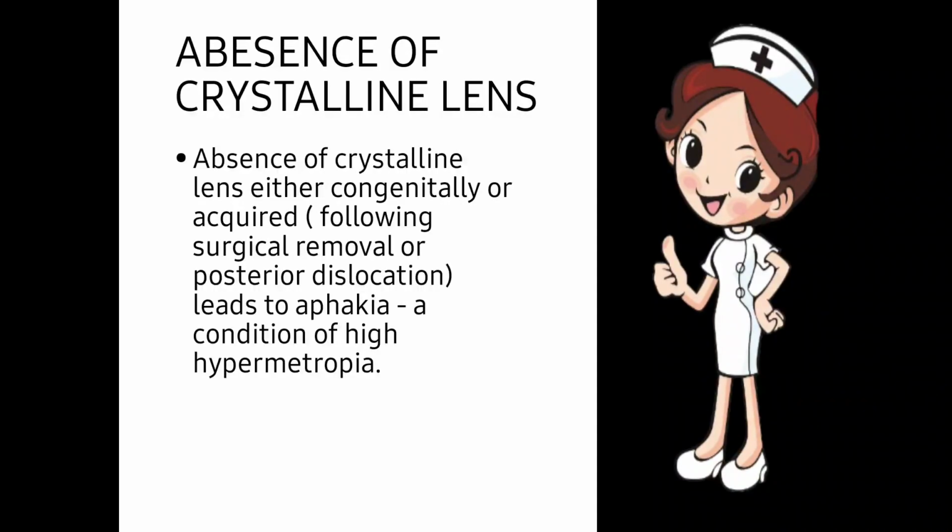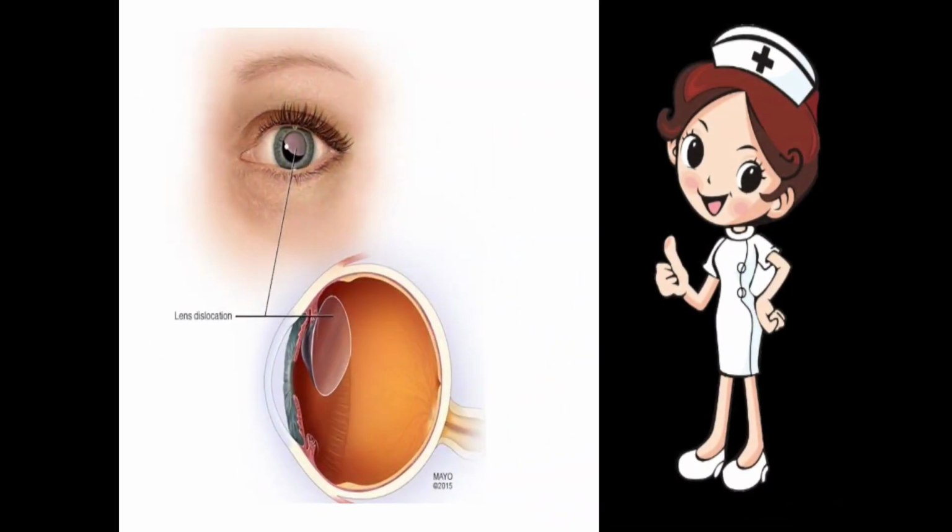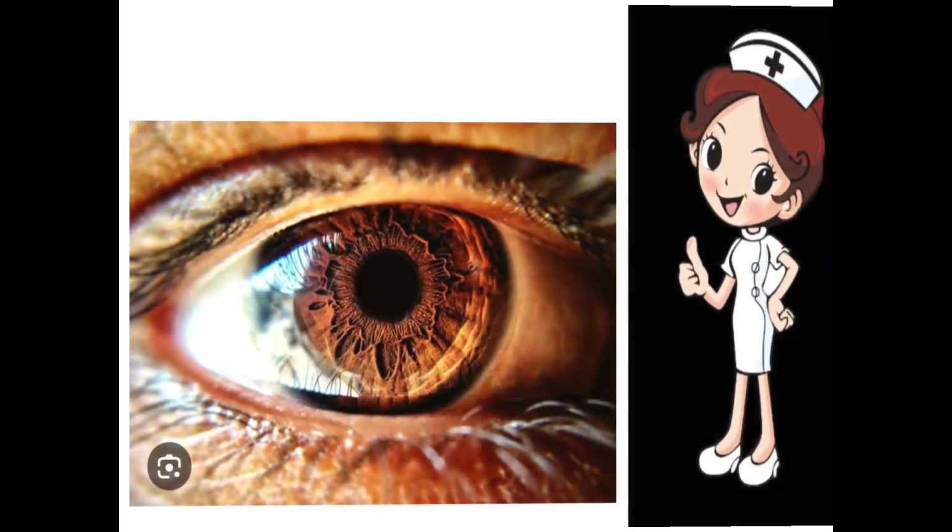Absence of crystalline lens takes place in two ways: sometimes it is congenitally absent, and sometimes there is posterior dislocation of the lens, or aphakia. Okay, let's move to the next. It also leads to high hypermetropia, meaning more plus power should be given to the patient.